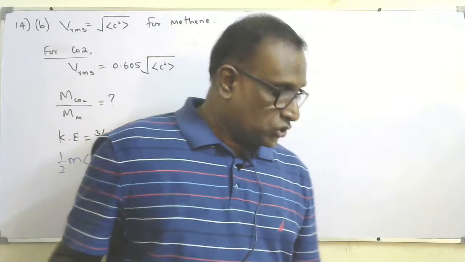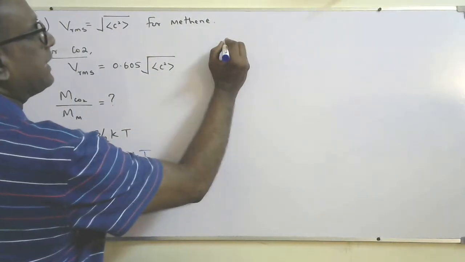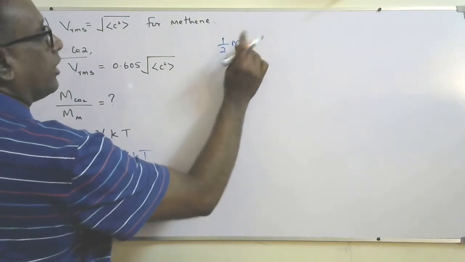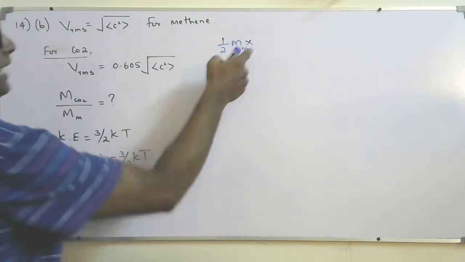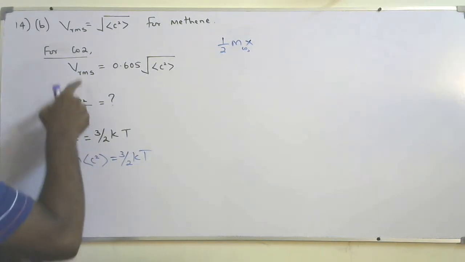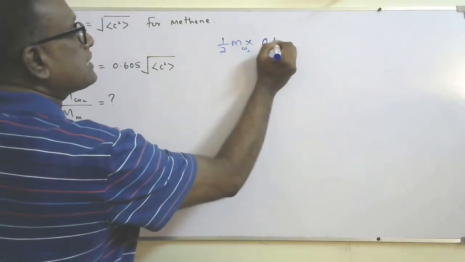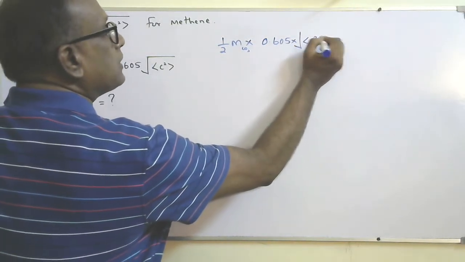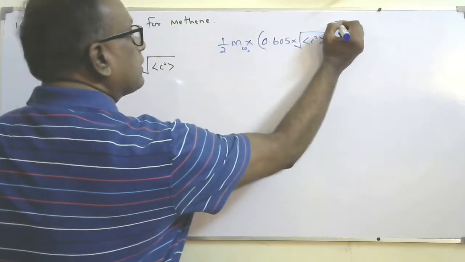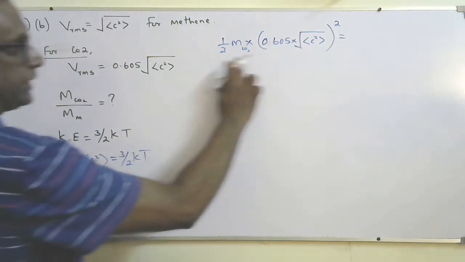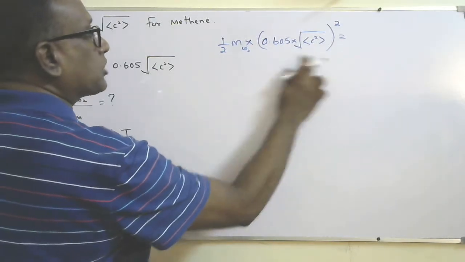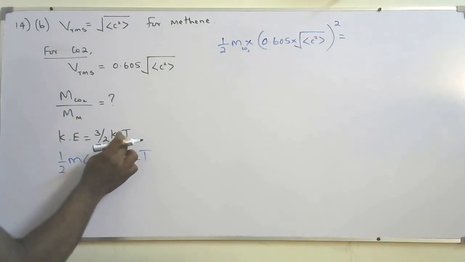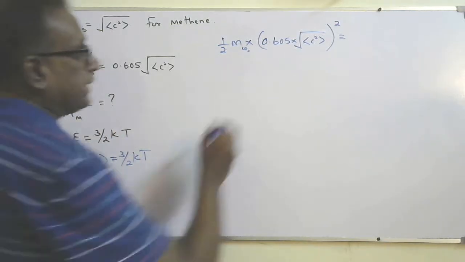So for CO2, I can say half m_CO2 into its mean square speed, which is 0.605 into the square root of c squared, all squared, is equal to the kinetic energy of the methane molecule.